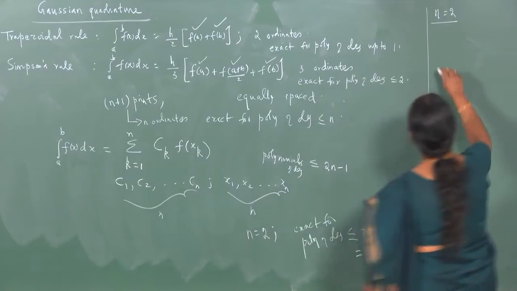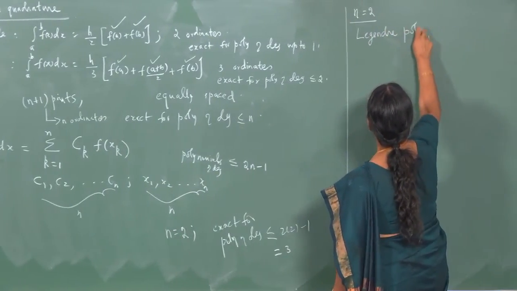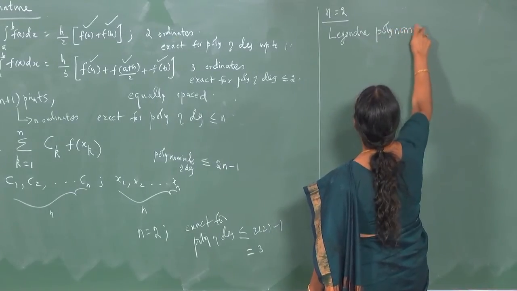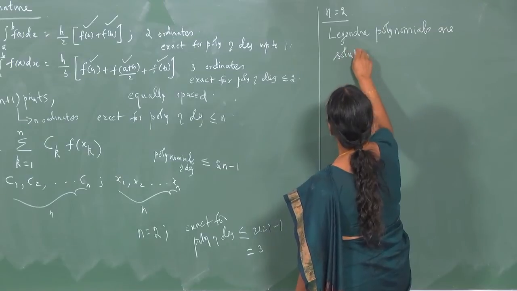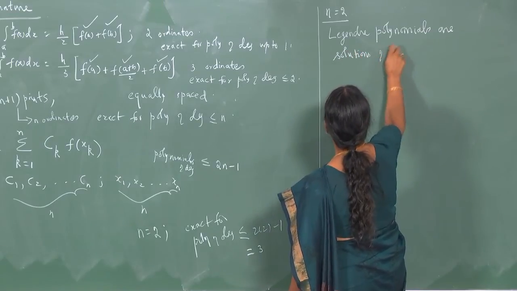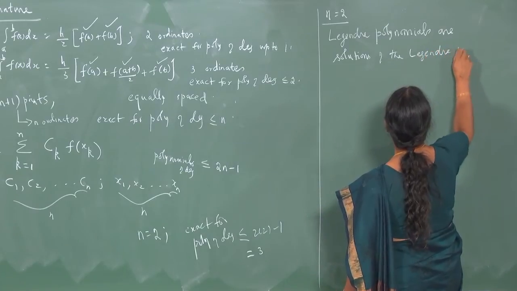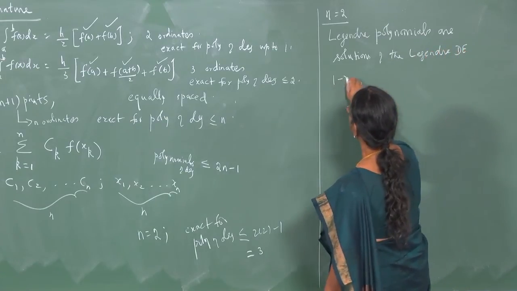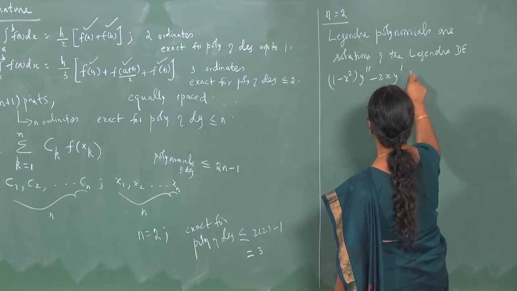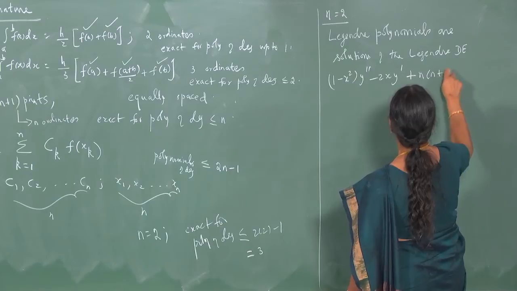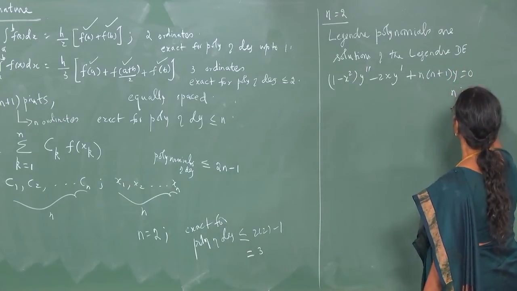So, what are Legendre polynomials? The Legendre polynomials are solutions of the Legendre differential equation, which is 1 minus x square into y double prime minus 2x into y prime plus n into n plus 1 into y equal to 0, where n is an integer.